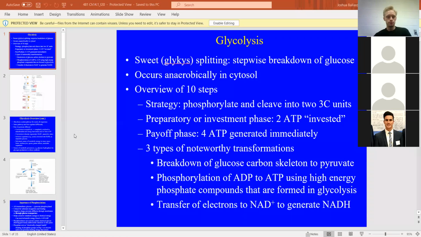Overall with chapter 14, Dr. Graves expects a lot of you guys to know about glycolysis, especially the details involving the step-by-step reactions, as well as the enzymes and how they're regulated, like special features.